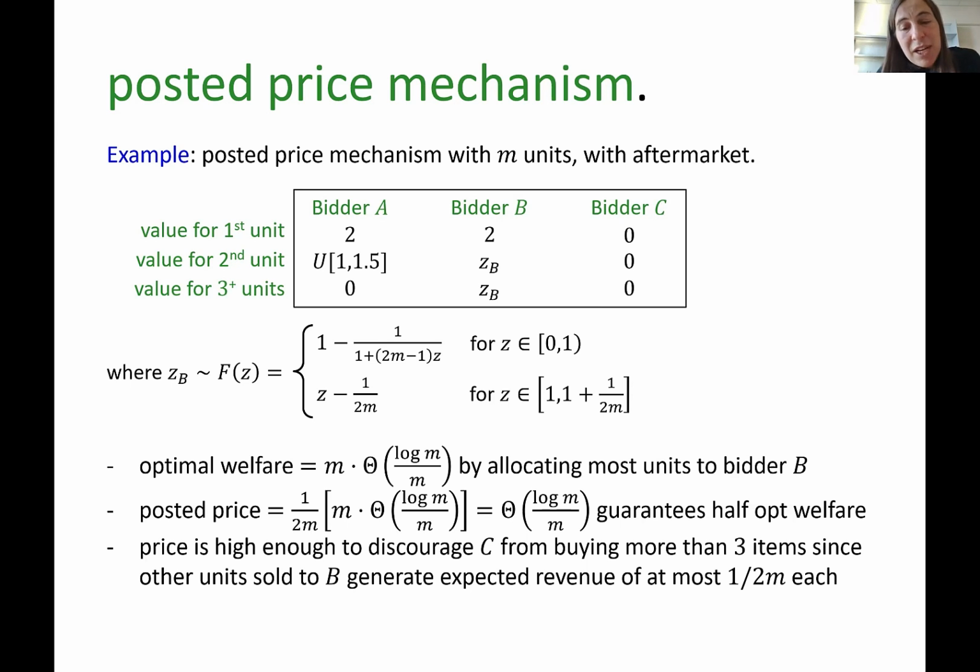And yet at the same time, they're cheap enough that bidder B will want to buy them. So you can see how these appropriately chosen posted prices resolve the issue that we found in the example in the introduction.